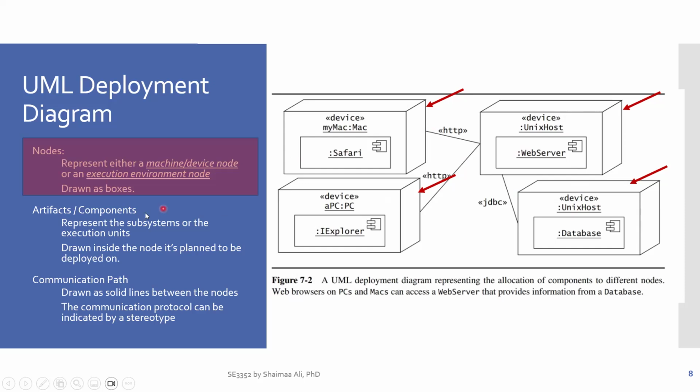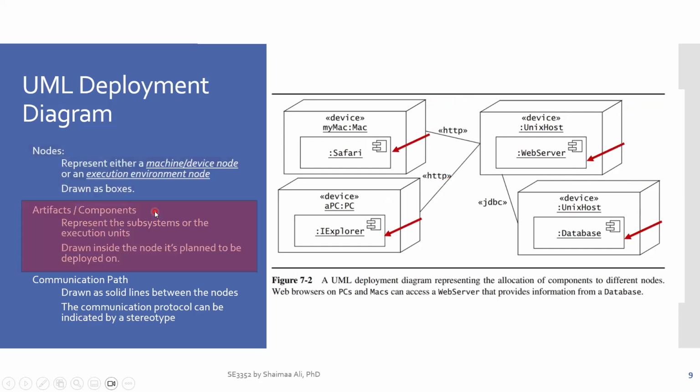All right. The second element in the deployment diagram is the artifact or the component. Now you would likely recognize this icon that we learned about when we talked about the component diagram. So this icon just represents that this is a component or a subsystem. Okay, so that subsystem would be running in this node.